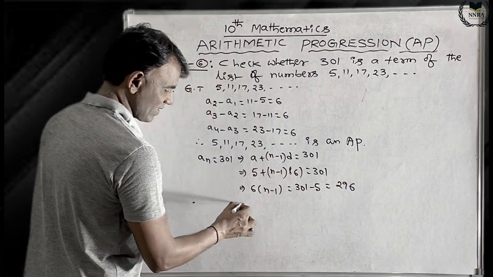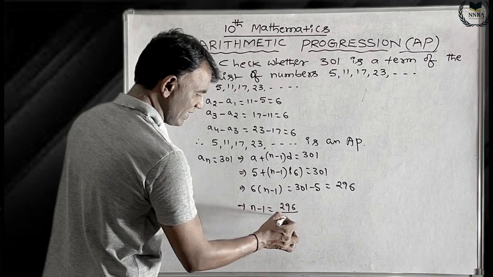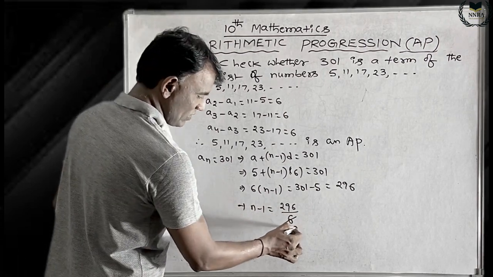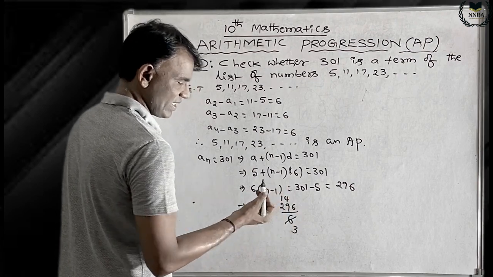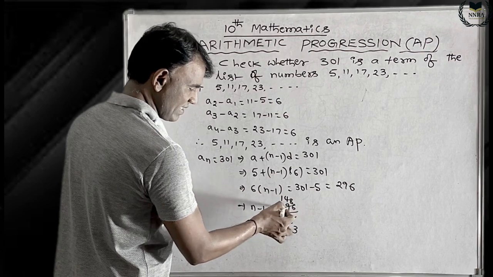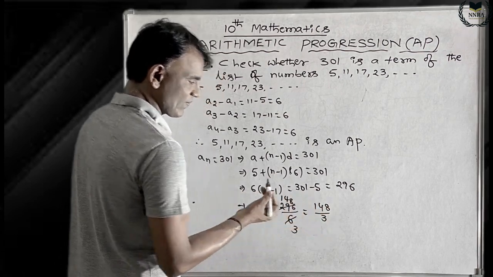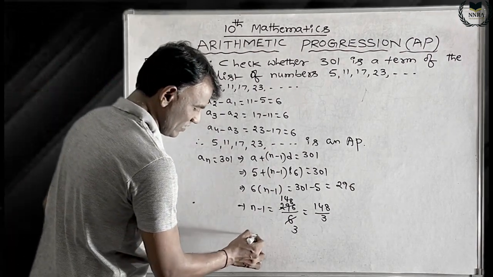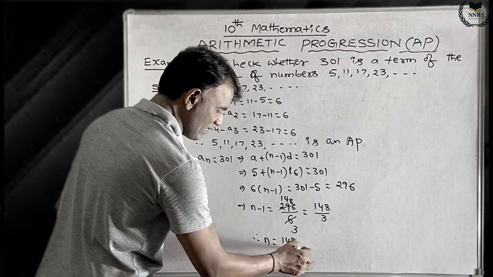Now n minus 1 equal to 296 divided by 6. Then 2 3 is 6, 2 1 is 2, 2 4 is 8, and 16 means 2 8 is 16. Now 148 divided by 3, but we can't cancel that value, na? Then write the n value. So n equal to 148 divided by 3, then plus 1.